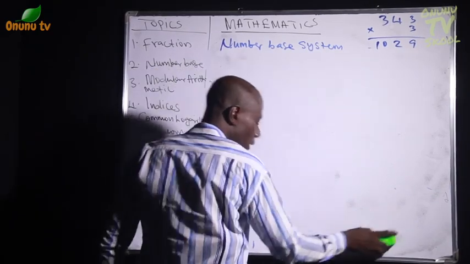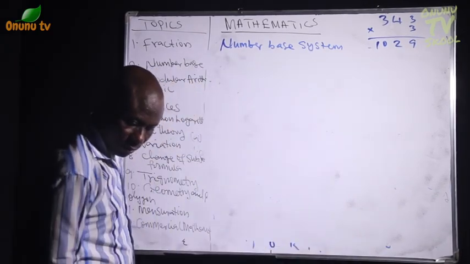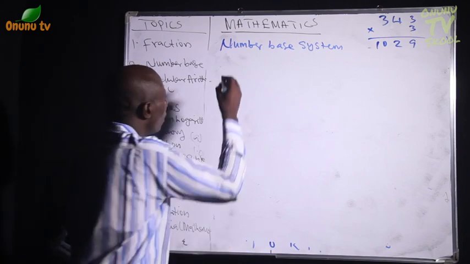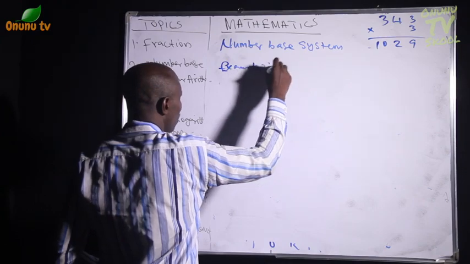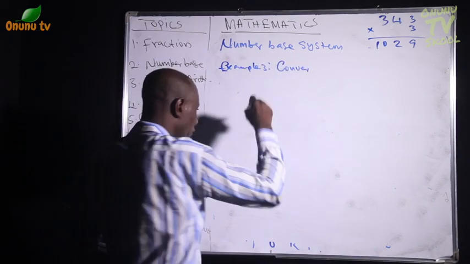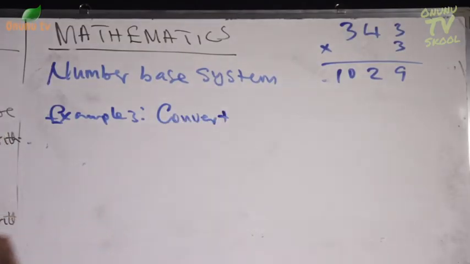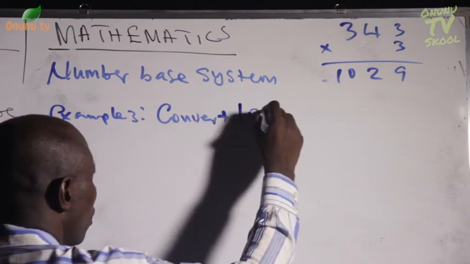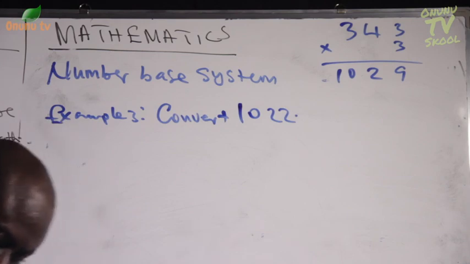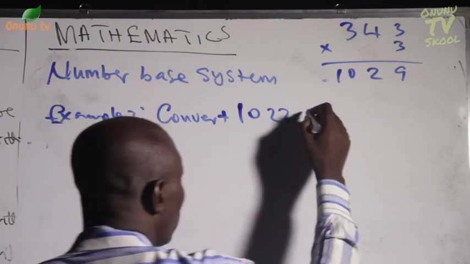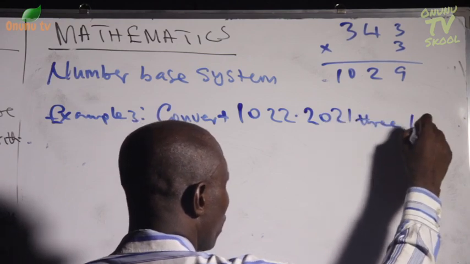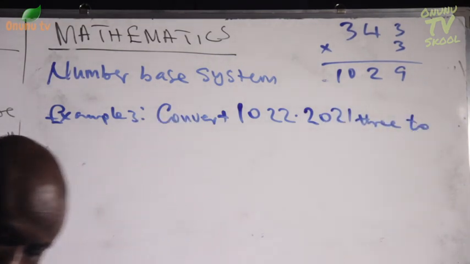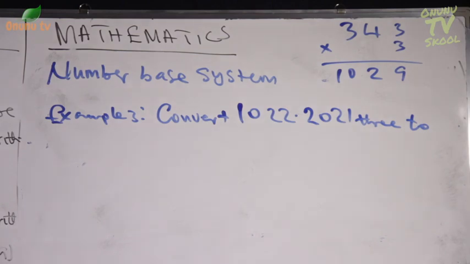Now, this one says convert 1022.2021 base 3 to base 5.